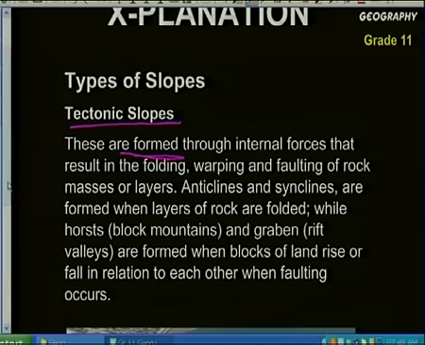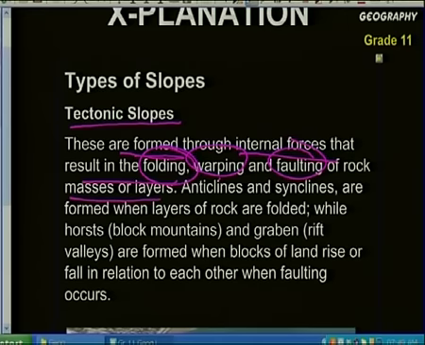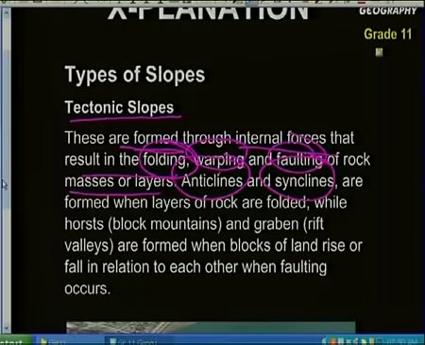These are formed through internal forces that result in folding, warping, and faulting. Again, forces which occur within the Earth's surface of rock masses or layers. Anticlines and synclines. To describe that to you, let's look at it as follows. An anticline is an upward bending of the rock material.